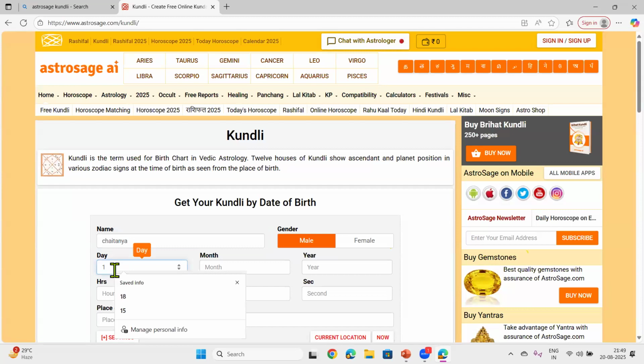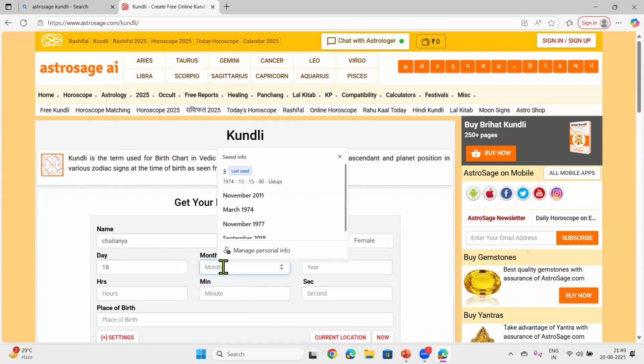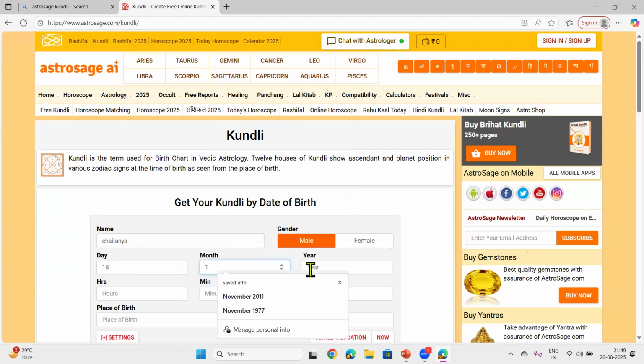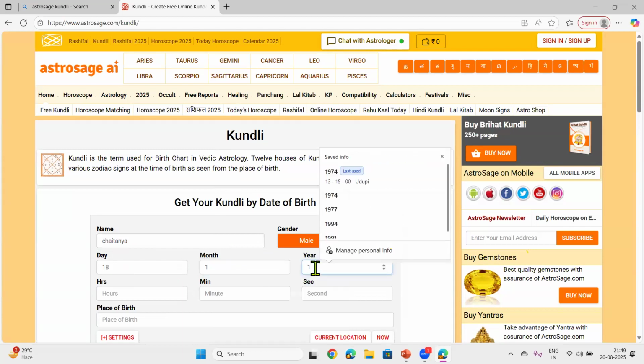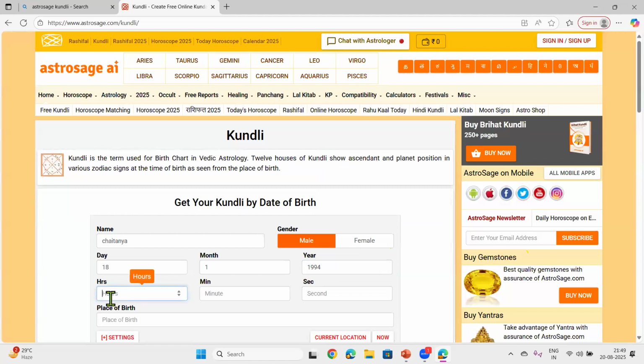And what is the time? 3 hours, 5 minutes. And seconds? No idea, sir. Here we have to do the corrections. Place of birth? Vijayawada.